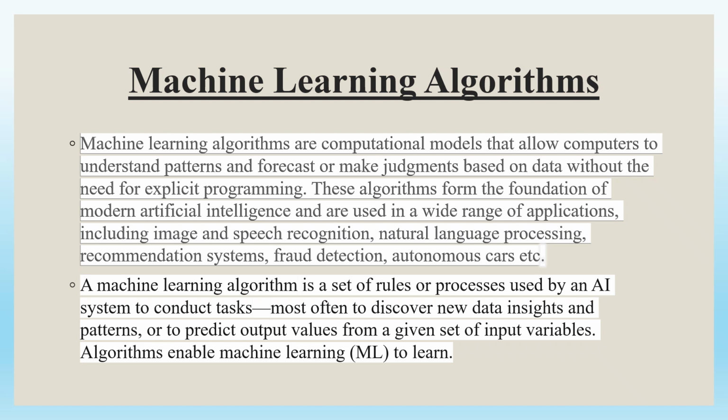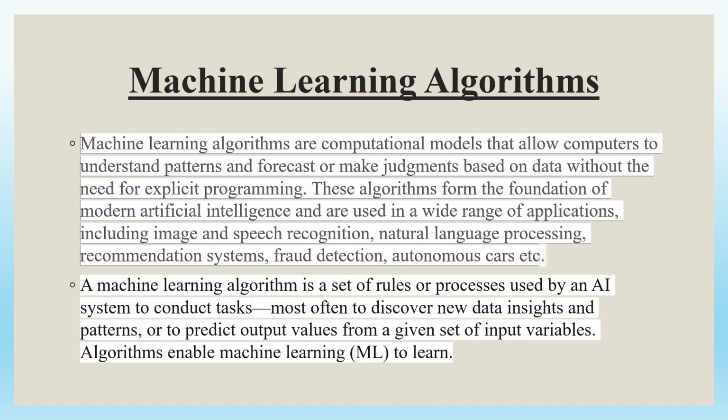So machine learning algorithms are computation models, and we're going to see later how they all fit together and what exactly the math behind it is. We're not going to dive a lot into math. We're just going to see how it looks and how we form that kind of model.